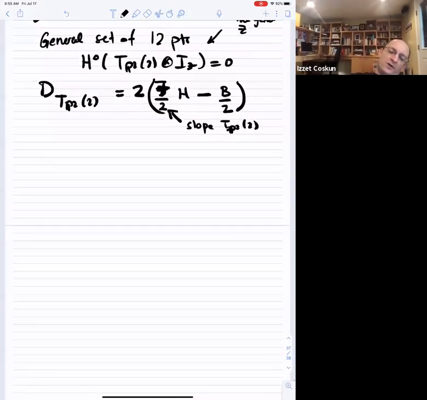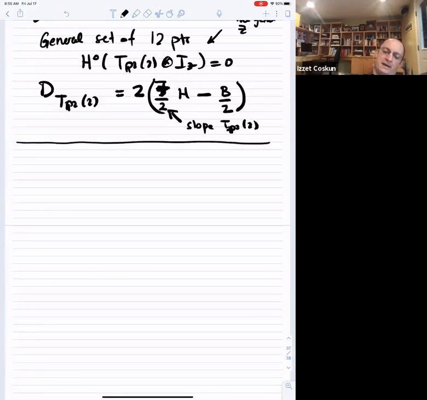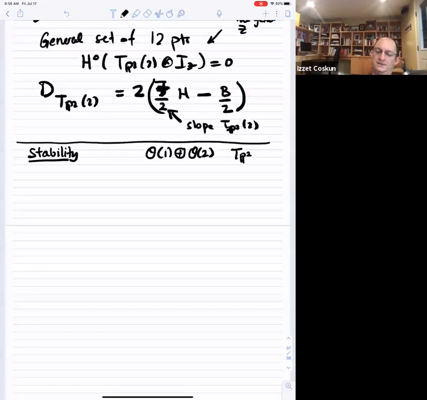Okay, so the first thing is, all right, so maybe let me start by introducing stability. The way to think about this is when we looked at this bundle O of 1 plus O of 2, compared to maybe TP2.